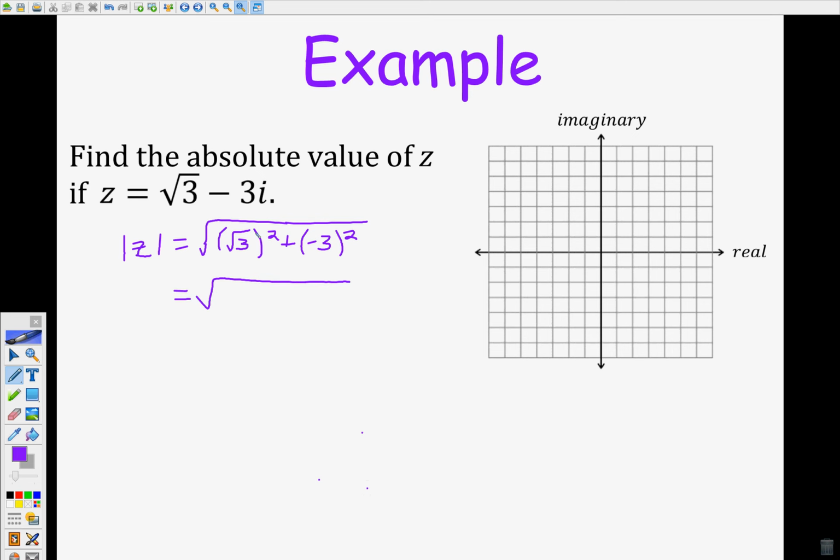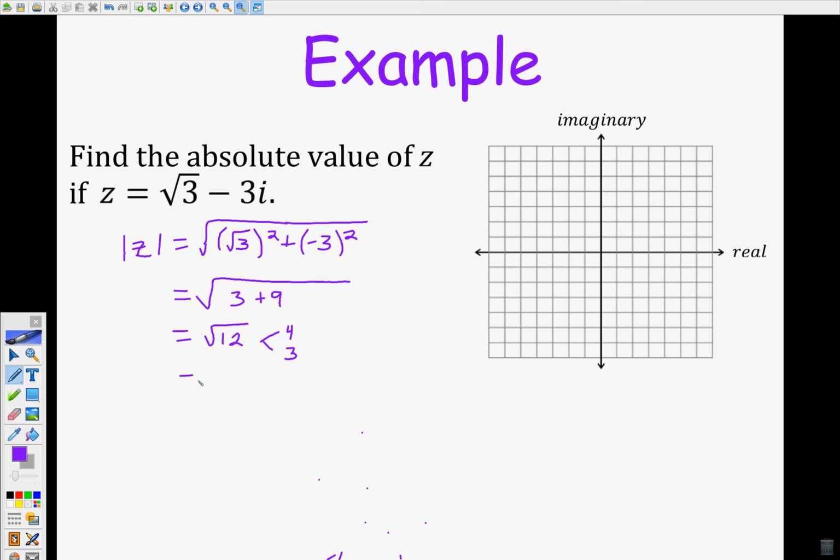So if we square the square root of 3, we get 3, and a negative 3 squared is 9, and then 9 plus 3 would be the square root of 12. So we can simplify that, right? Because 12 simplifies into 4 and 3.